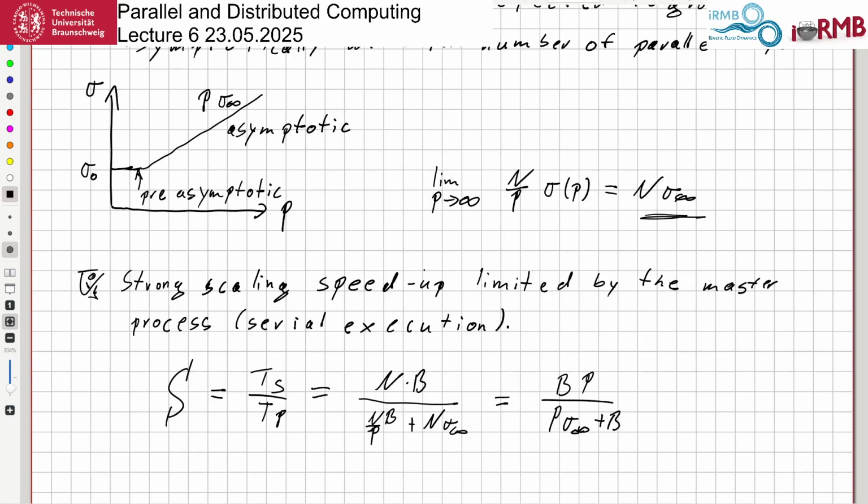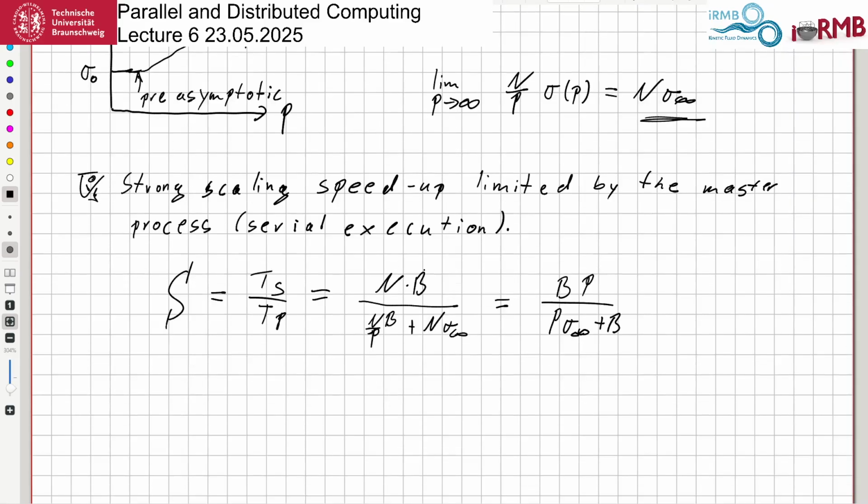And now if we take the limit of p going to infinity on our speed up, we see that this becomes b divided by the dispatch time. So the maximal speed up is the average time that you work for one item divided by the dispatch time. This is the maximal thing that you can reach.